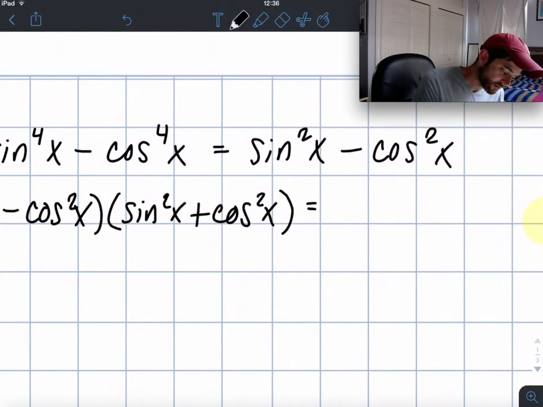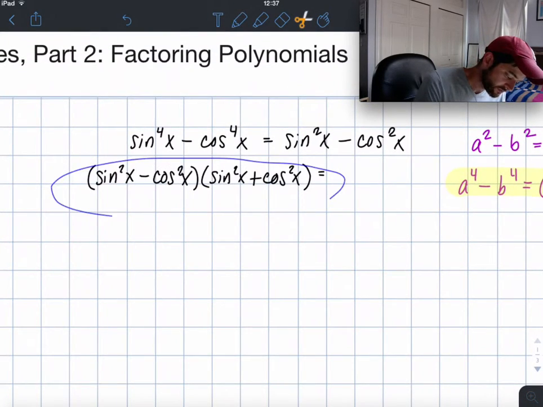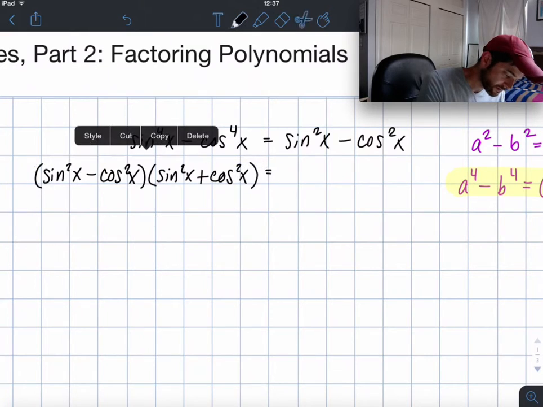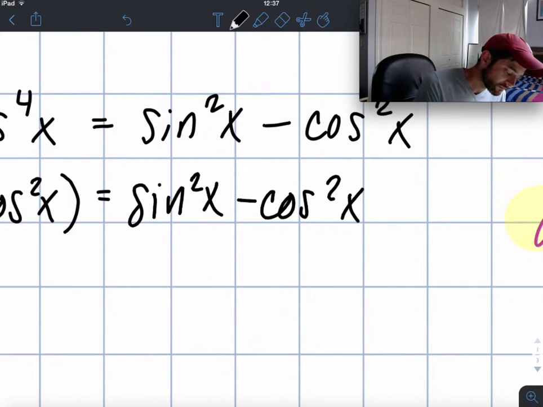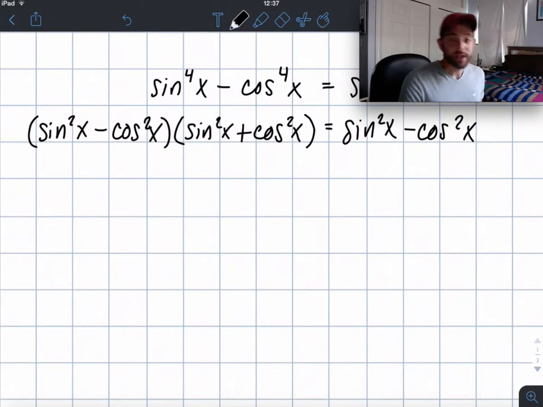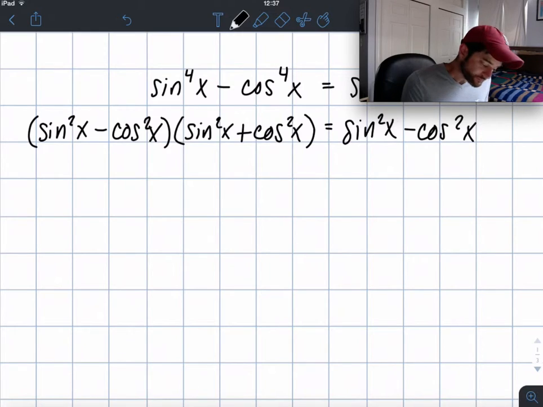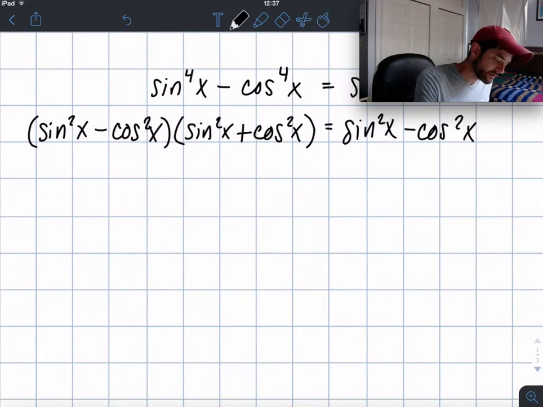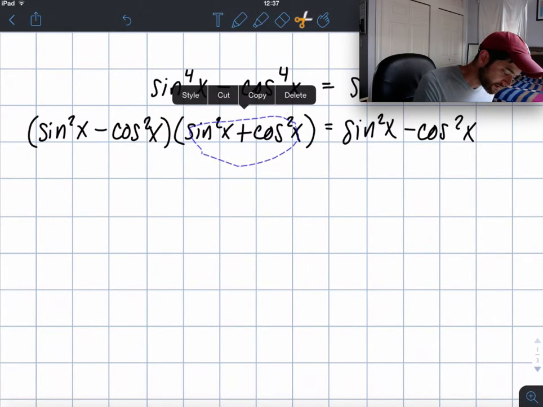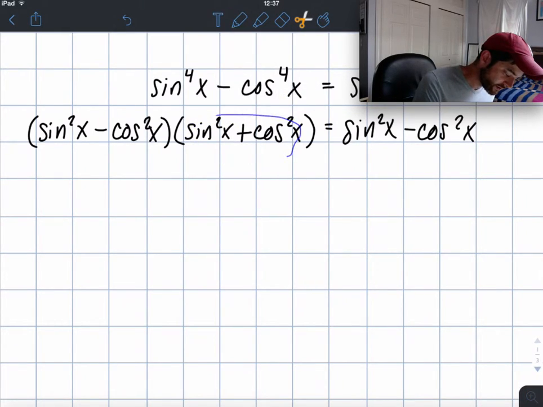And that's going to equal sine squared x minus cosine squared x. Now looking at what we have on the left-hand side, there's nothing I can do with sine squared x minus cosine squared x. That is a difference of two squares, but we don't need to factor that in this particular case.